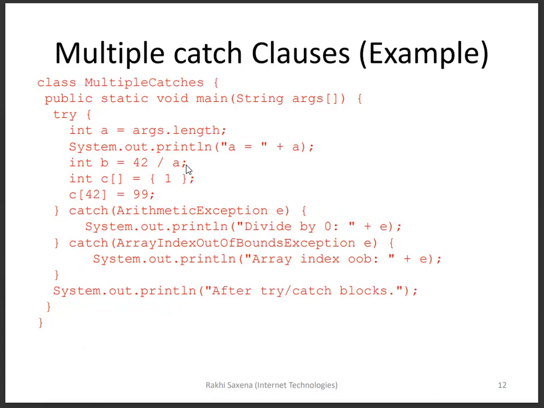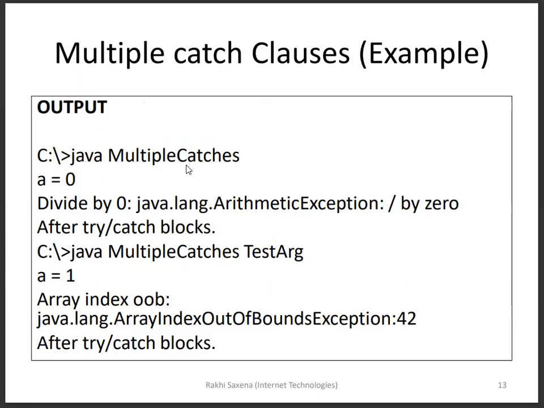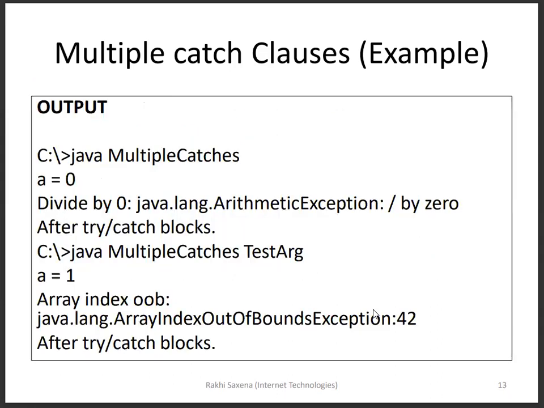Then the array index out of bounds will be executed afterwards. Whichever comes first will be caught first and thrown. After the try catch block, this will be executed.